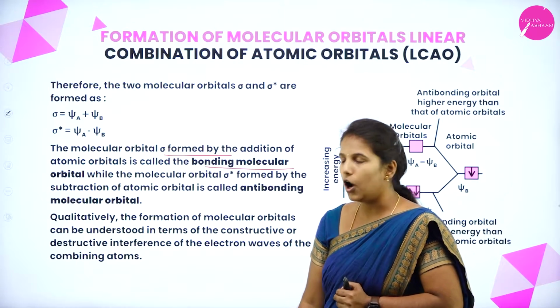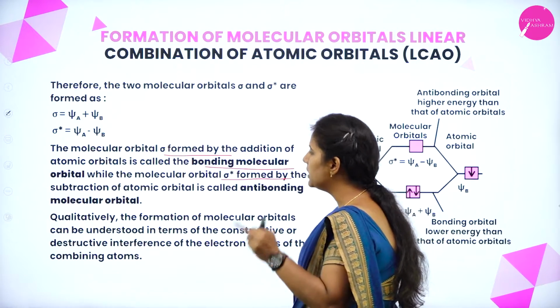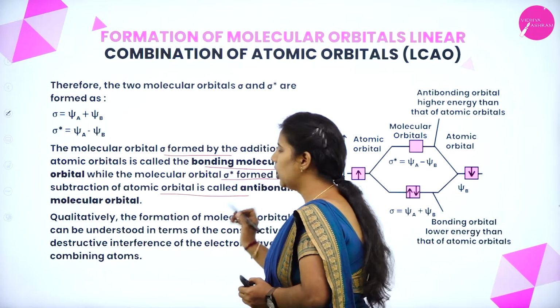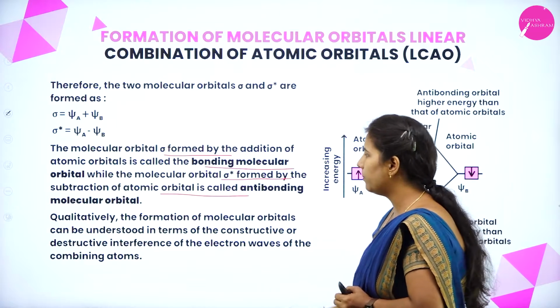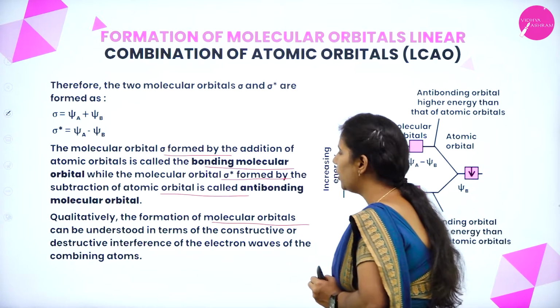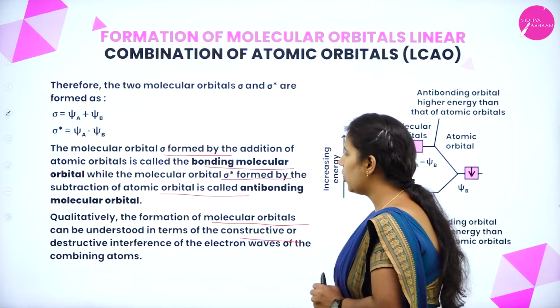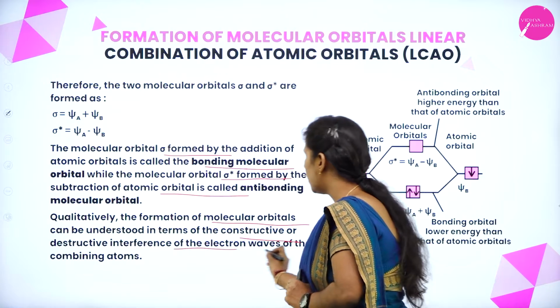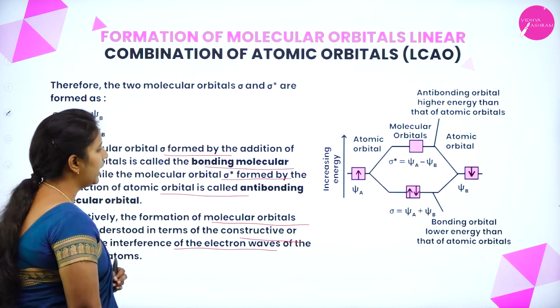Bonding molecular orbital, whereas sigma star is formed by subtraction of atomic orbitals, hence it is known as anti-bonding molecular orbital. So qualitatively, the formation of molecular orbitals can be understood in terms of constructive or destructive interference of the electron waves of the combining atoms.